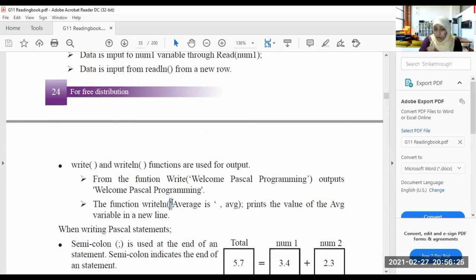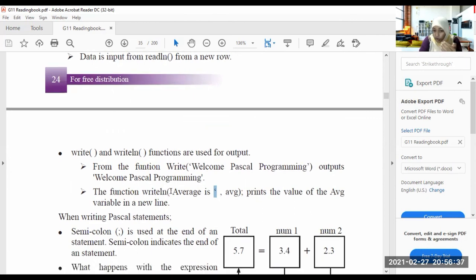This should be single quotation within single quotation. Okay, it should be on the other side. It prints the value of the average variable in a new line. It will show us in the new line. Here it won't show these three letters. Okay, it will show me the output of the average.